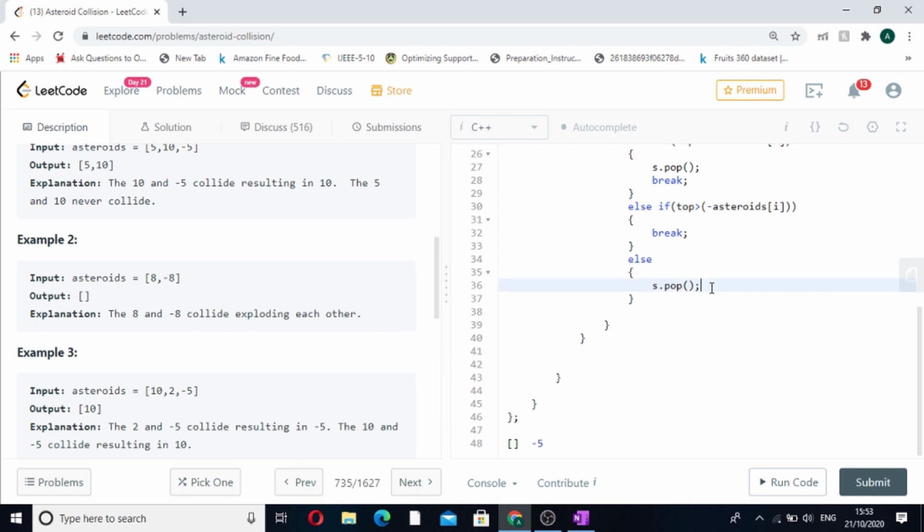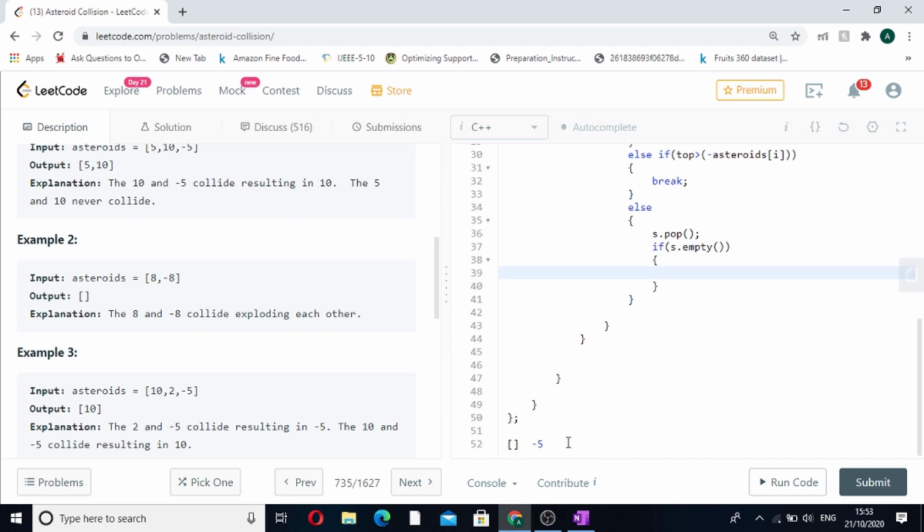So what we will do in this case, when we will do S dot pop in here, we will check whether S dot empty. If a stack is empty, what we will do? We will simply push this element in our stack, that is S dot push asteroids of I, and we will break from here.